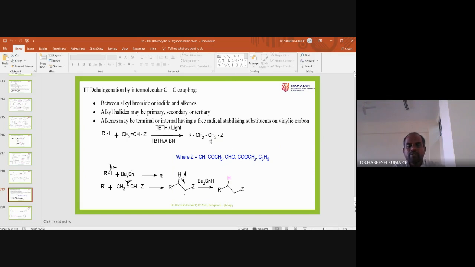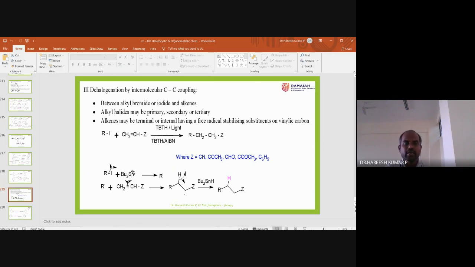If you want to look into how this product is obtained, you know that here the TBTH, TBTH means tributyl tin hydride. Tributyl tin hydride in presence of light or in presence of AIBN forms a radical.